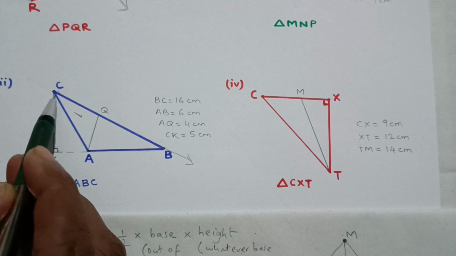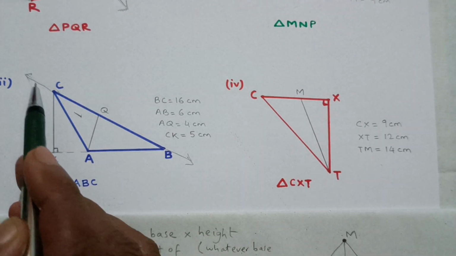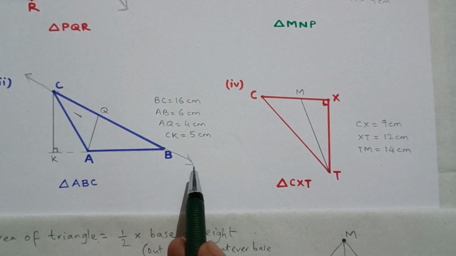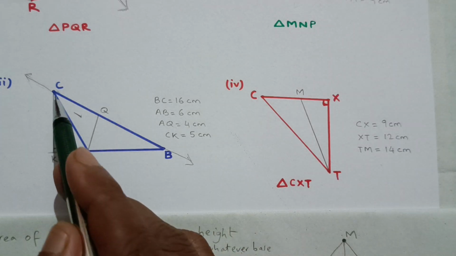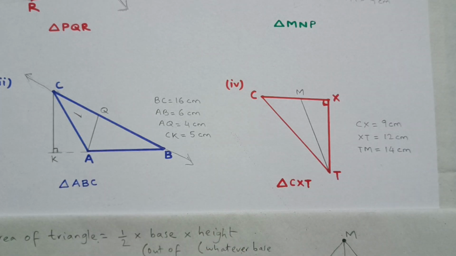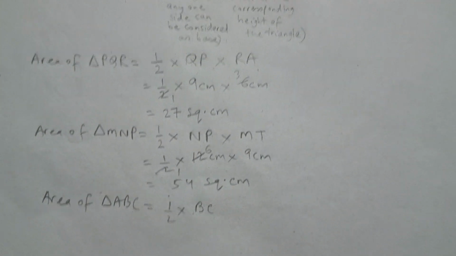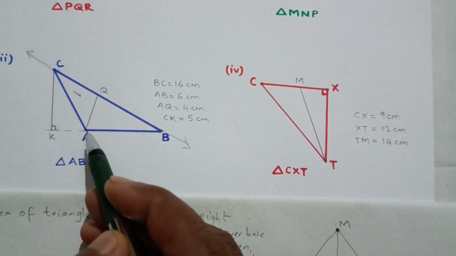Now for BC, what is the opposite vertex? The opposite vertex is A. So we have to find the corresponding height for the base BC.